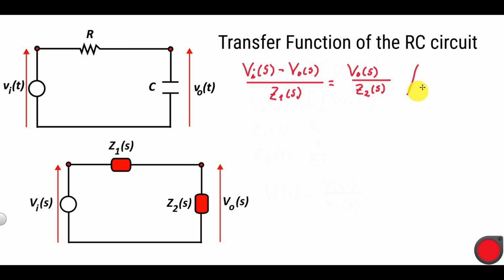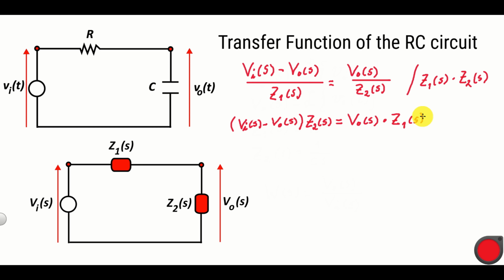If we multiply this equation by the product of impedances Z1 of s multiplying Z2 of s, we obtain the following expression. Namely, on the left-hand side, in parentheses, we will have Vi of s minus Vo of s multiplying Z2 of s. And on the right-hand side, we will simply have Vo of s multiplying Z1 of s.